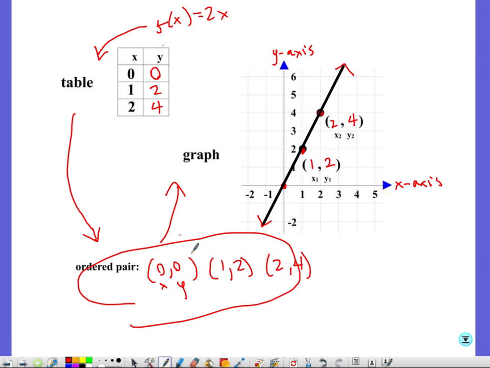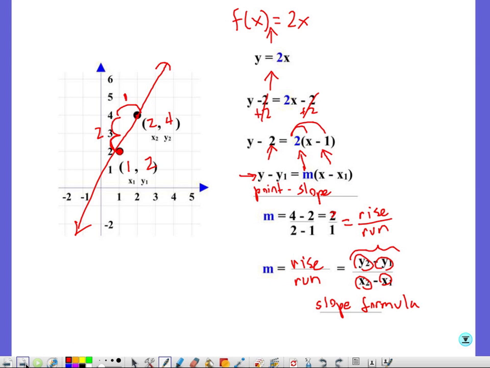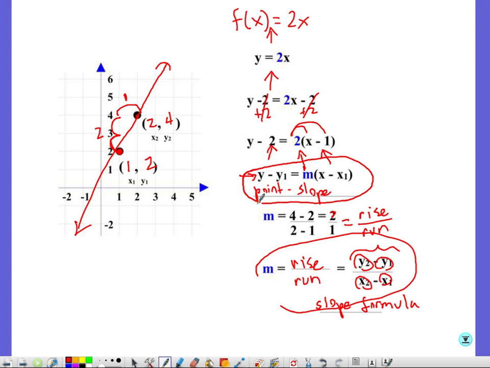We can choose these ordered pairs for our x1, y1 values, find the slope using the slope formula, and once we find the slope, we can use the point slope formula to finally get to the equation.